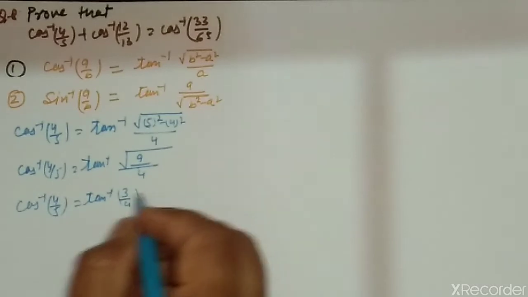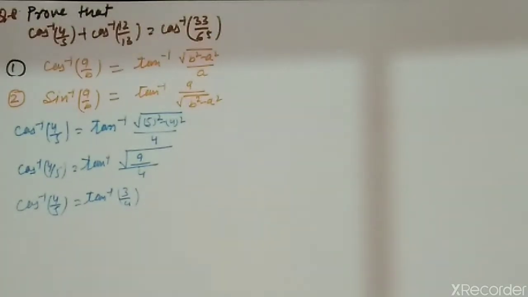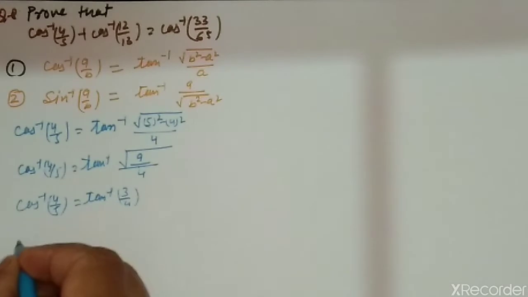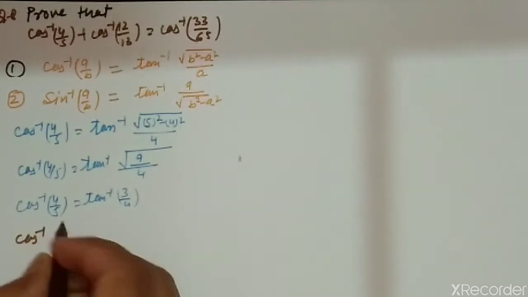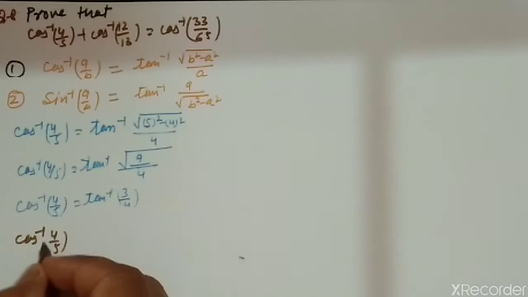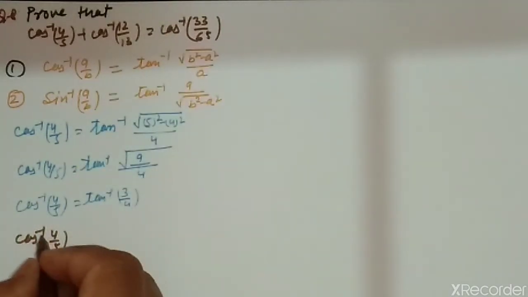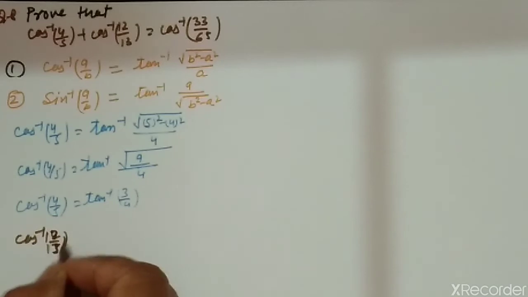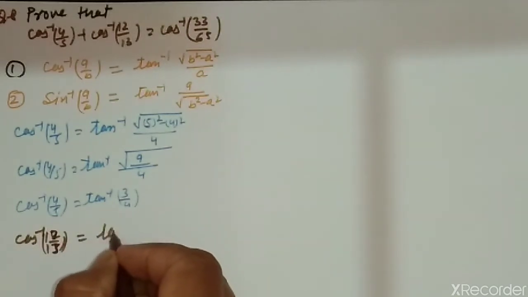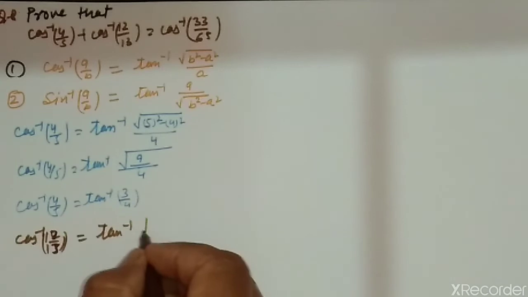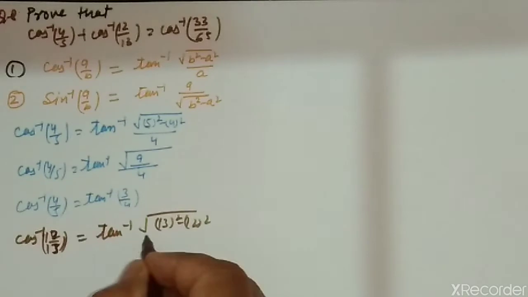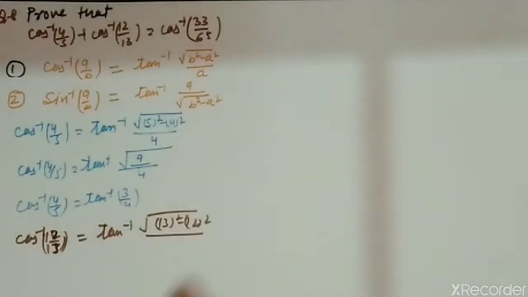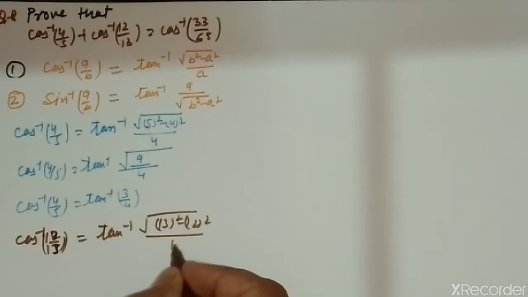Clear? Okay. Simply we can convert the second also. Second, cos inverse 12 upon 13 is equal to tan inverse of under root 13 whole square minus 12 whole square upon a, where a is 12.